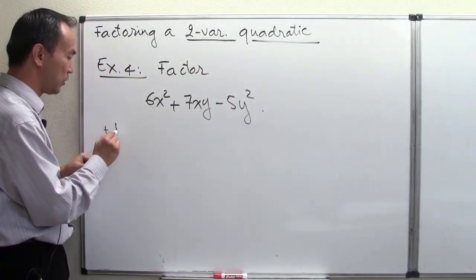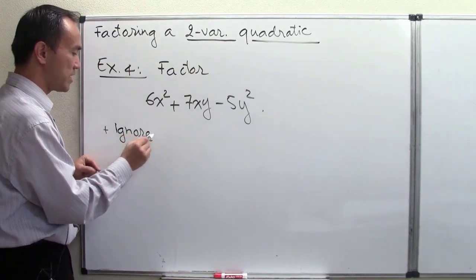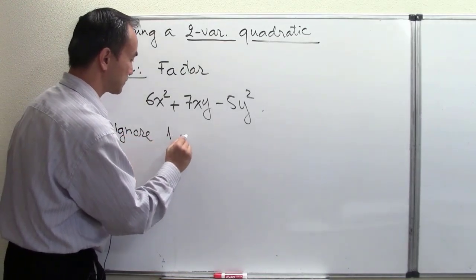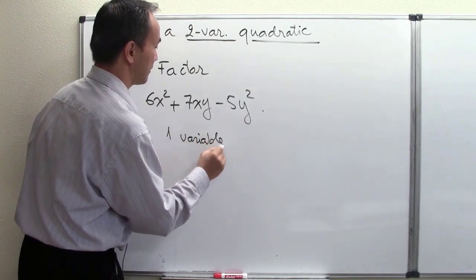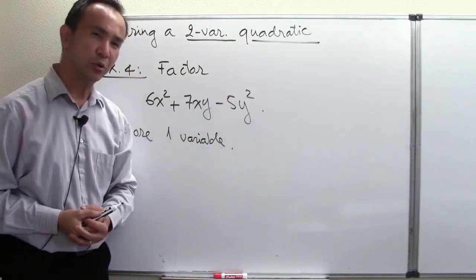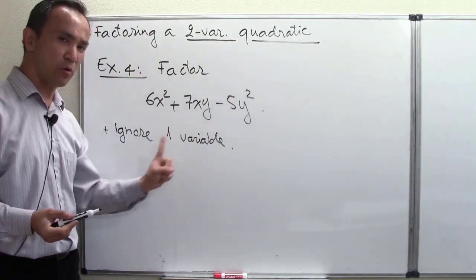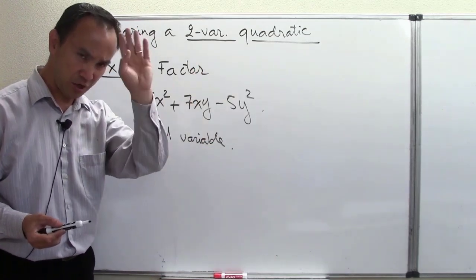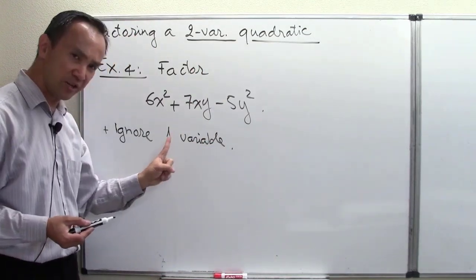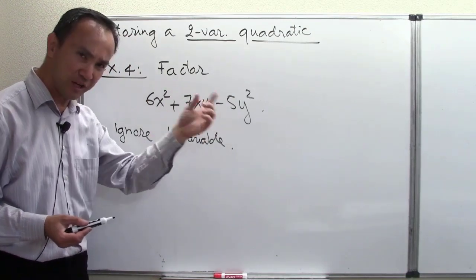Think about we ignore one variable. Just think about we ignore one variable. By ignoring one variable, let's rewrite. Even though there are two, we're ignoring one variable.